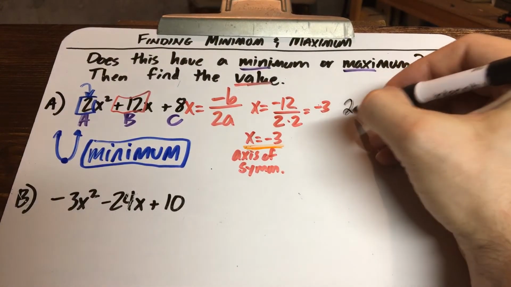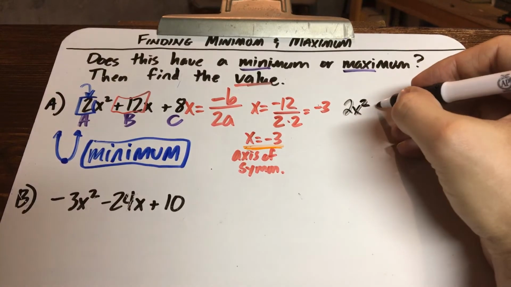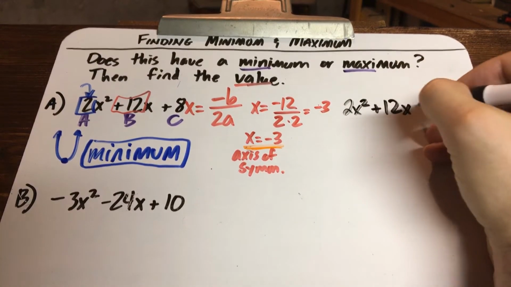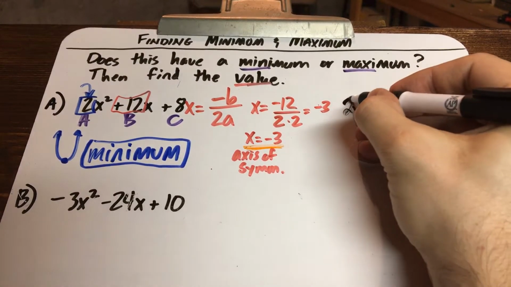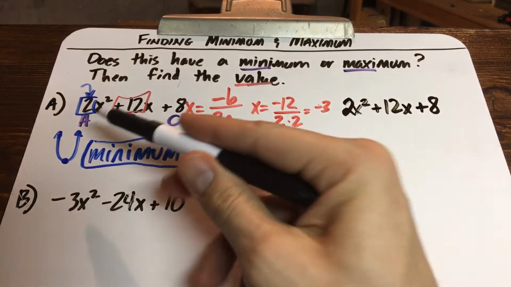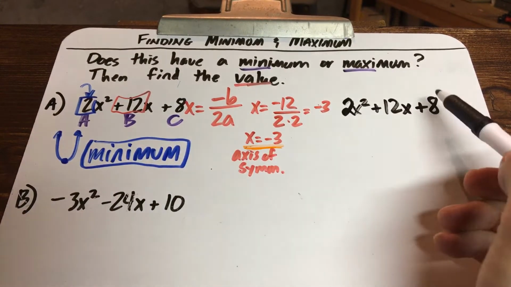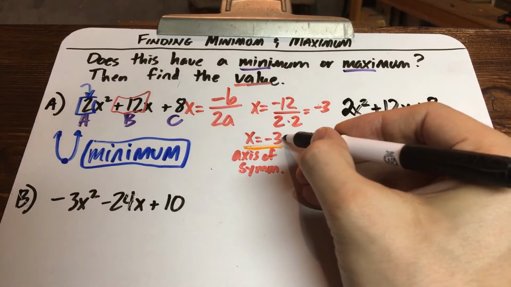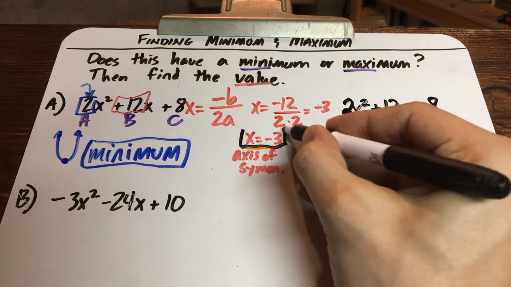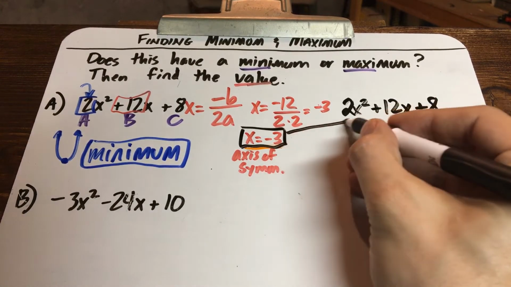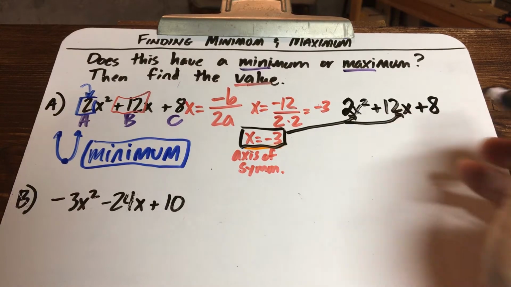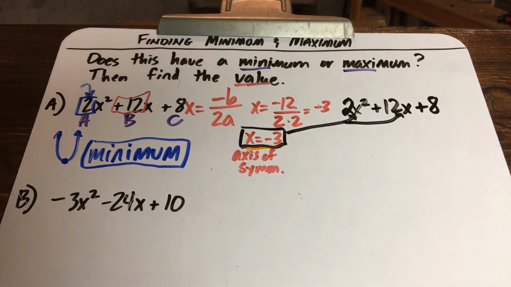I'm going to use black so it looks exactly like what I have over there. That 2 kind of doesn't look so strong. There we go. So I just copy the original problem down, and now I'm going to substitute negative 3 in the spot of the x. Both spots where I have an x, I'm going to put a negative 3 right there.